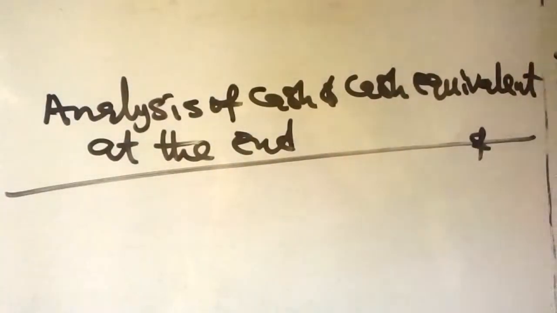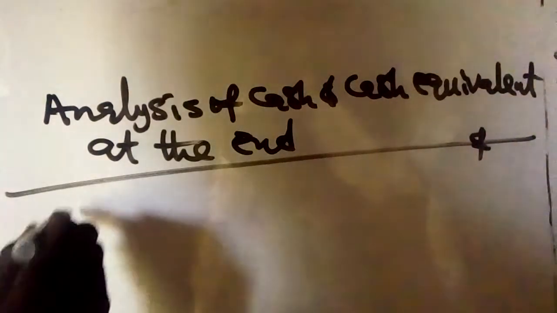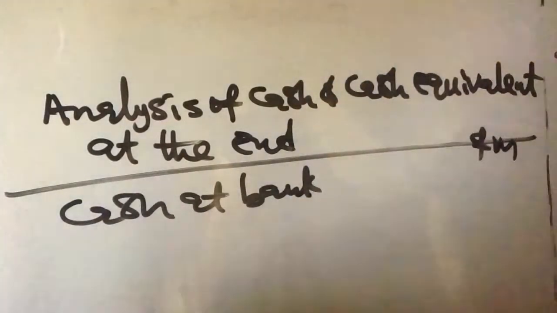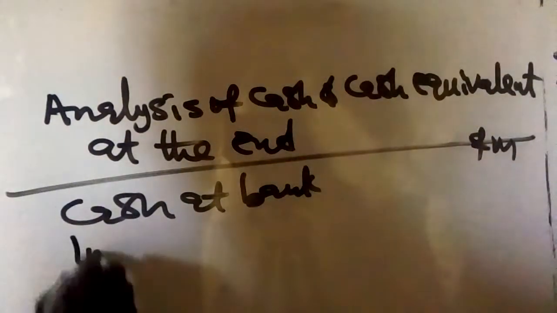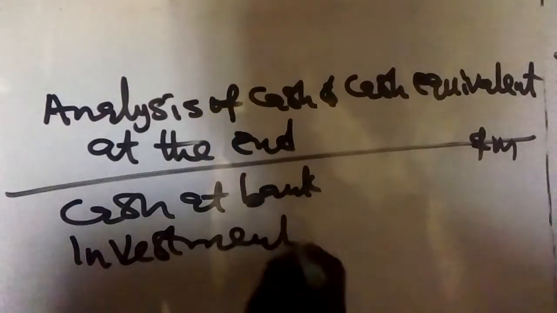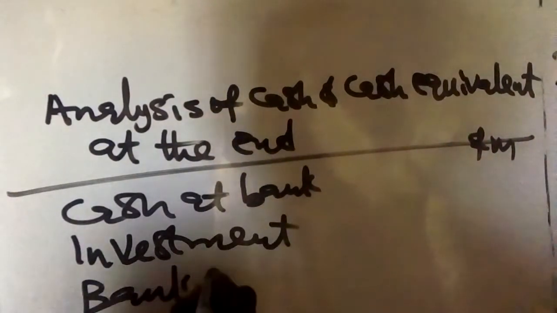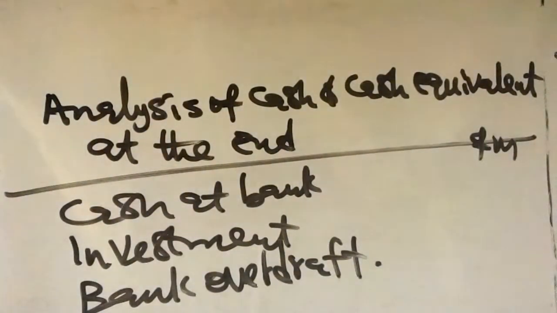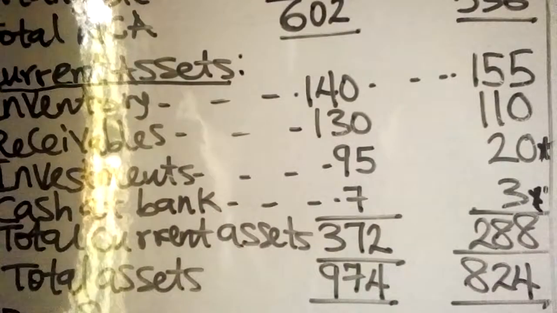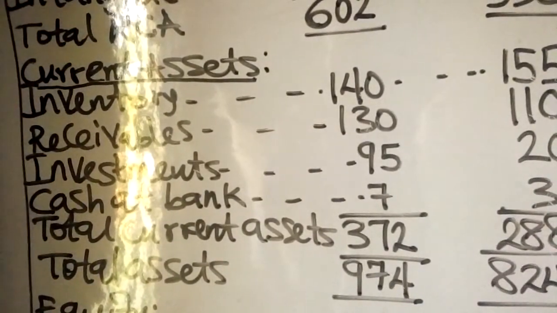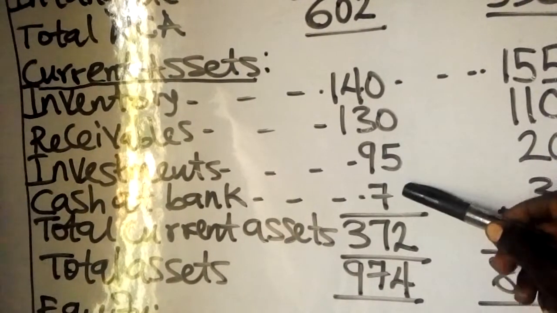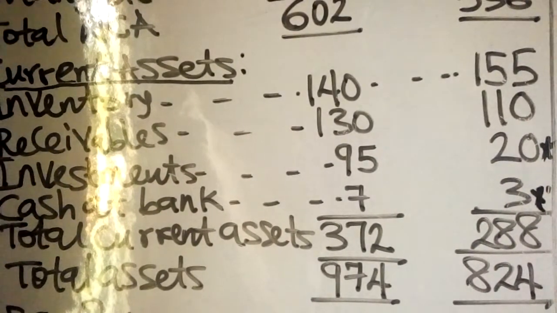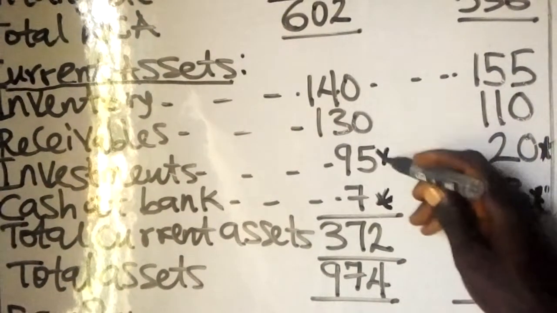And this comprises your cash at bank, then we also have investment, then we also have bank overdraft. So under current assets, the cash at bank at the end is 7. Investment at the end is 95.